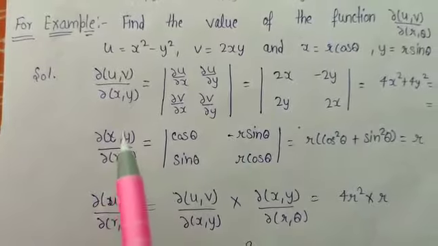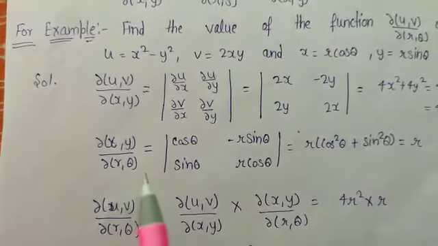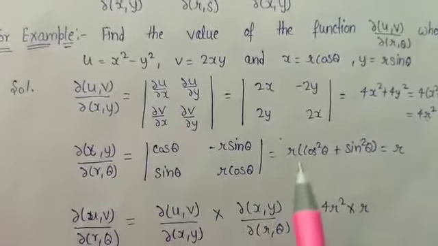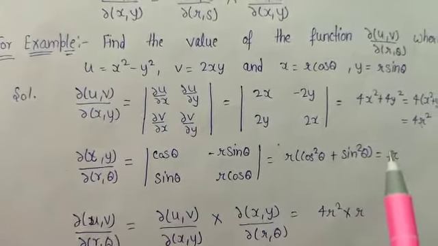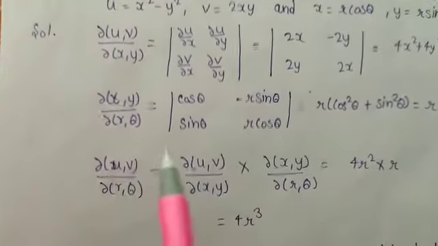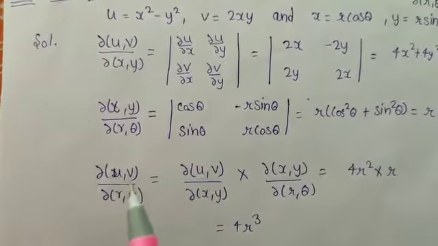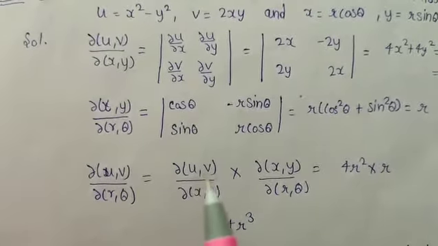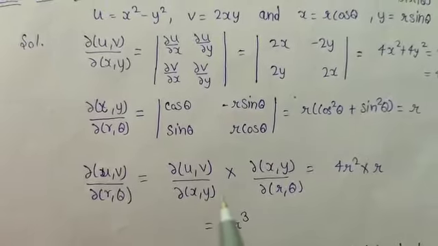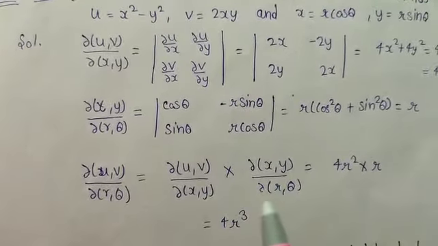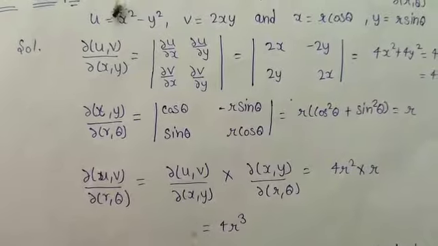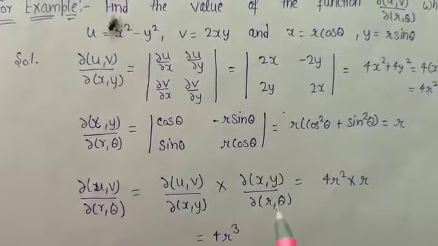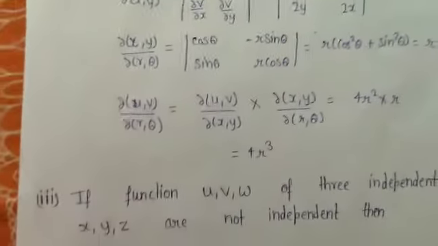Similarly, now we find the Jacobian of x, y with respect to r, theta, and this is given by this determinant, and after solving we get the value is equal to r. Now we know that the Jacobian of u, v with respect to r, theta is equal to Jacobian of u, v with respect to x, y multiplied by Jacobian of x, y with respect to r, theta. And here the value of this is 4r square and this is r, so we get 4r cube.